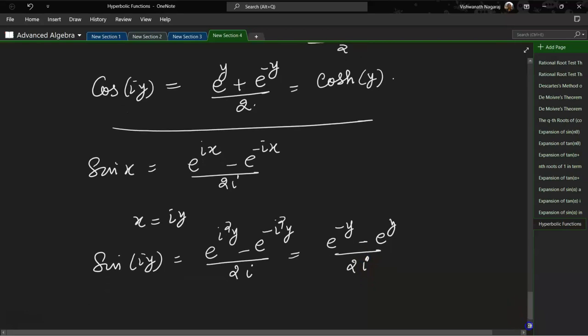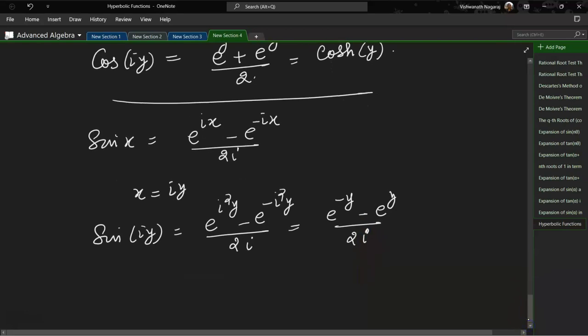Okay, now in the denominator we have an i, isn't it? We want to make it disappear. So what do we do? We multiply both numerator and denominator by i, so that this becomes i square, and the i itself will disappear. We will end up with minus 1.